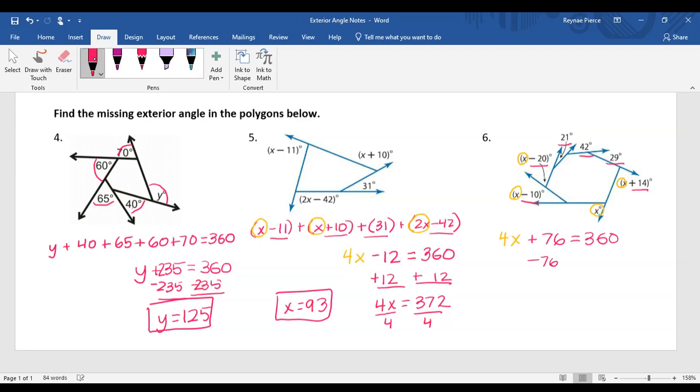If I subtract 76 from both sides, 360 minus 76 gets me 284 on my right side. I still have 4x on my left, so I need to divide both sides by 4 to get an x value of 71.